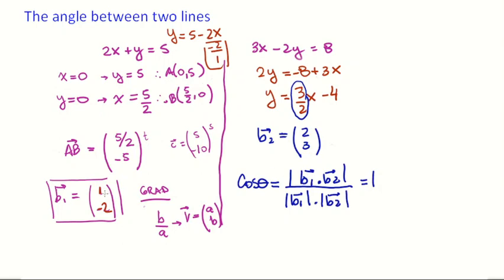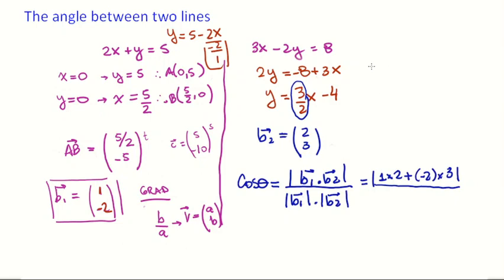Now b1, so x1 times x2: 1 times 2, plus negative 2 times 3. All of this is absolute value, so it's going to turn into a positive number, even though I can see that it would be negative.